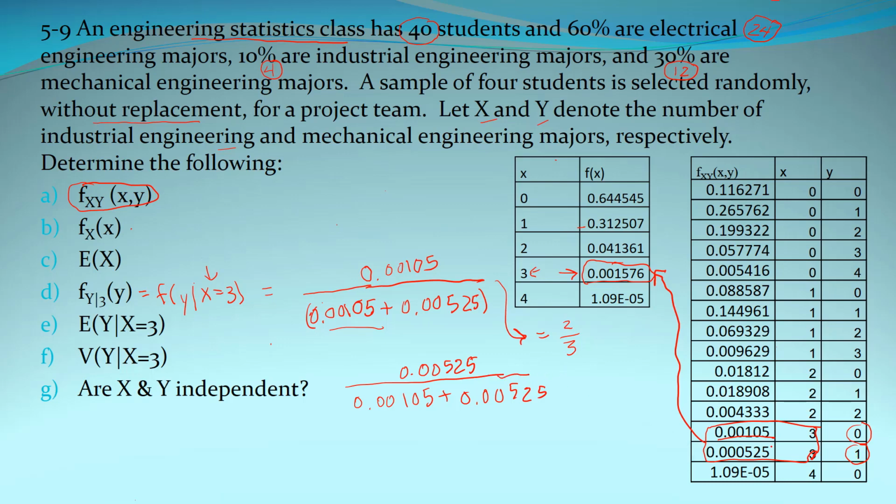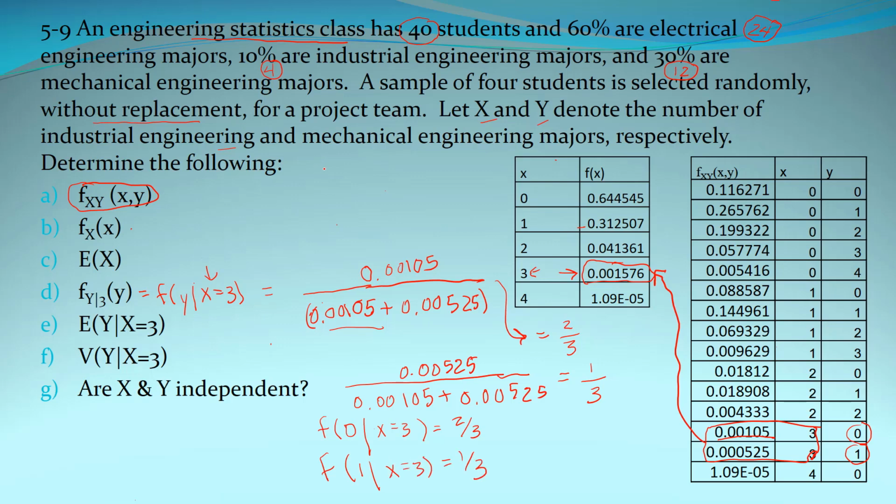And this is the chance of y is equal to 1 within only that world, and that is 1/3. So basically we can write that the probability that y is 0, given that x is equal to 3, is just going to be 2/3, and the probability of y is equal to 1, given that x is equal to 3, is just 1/3.